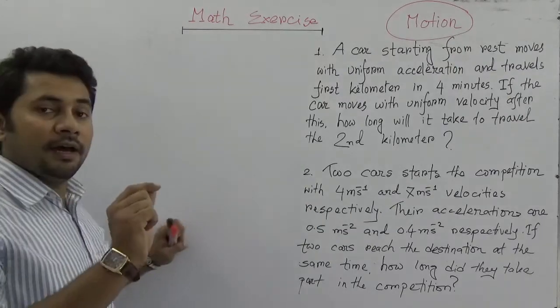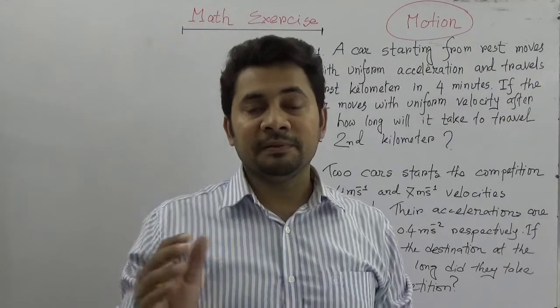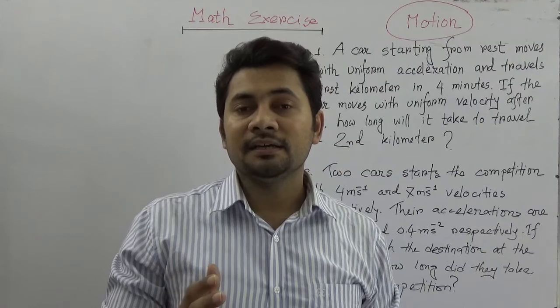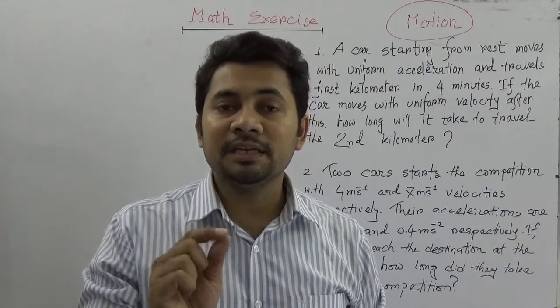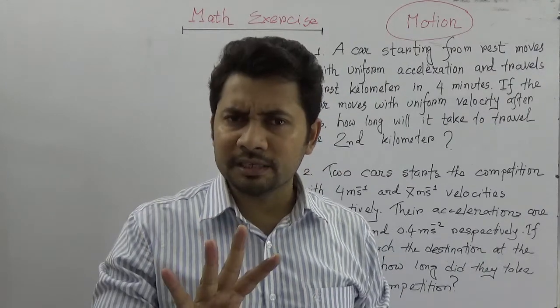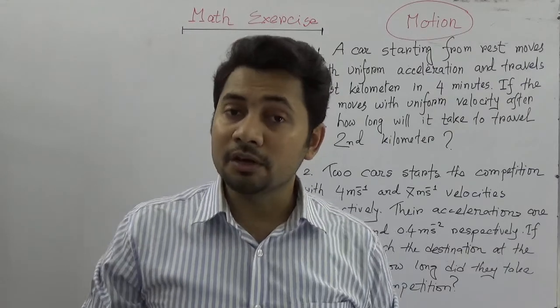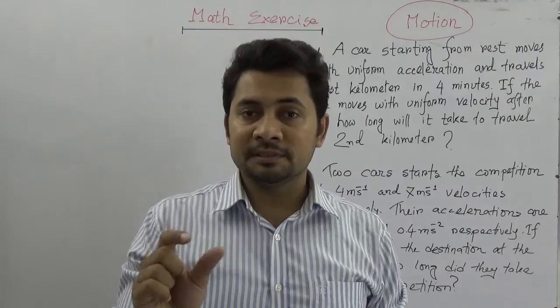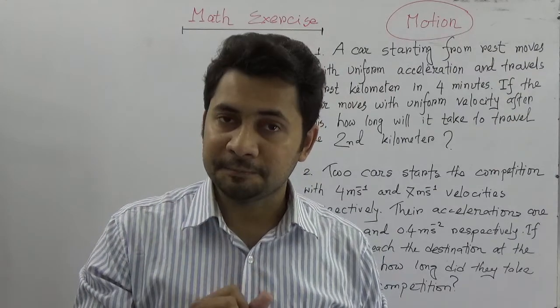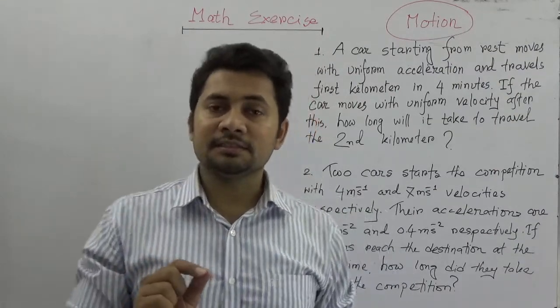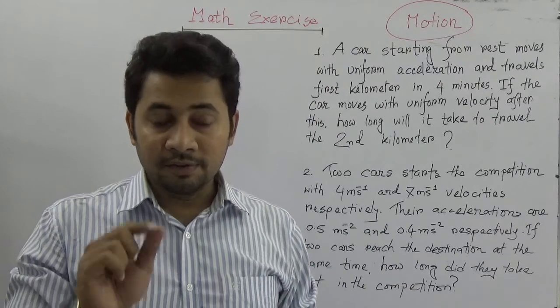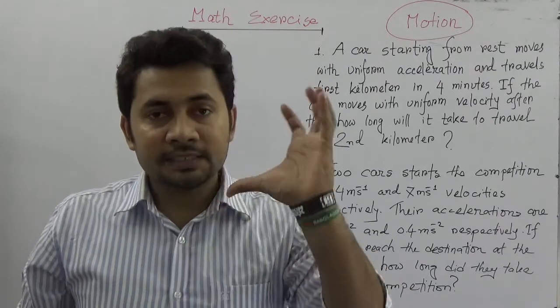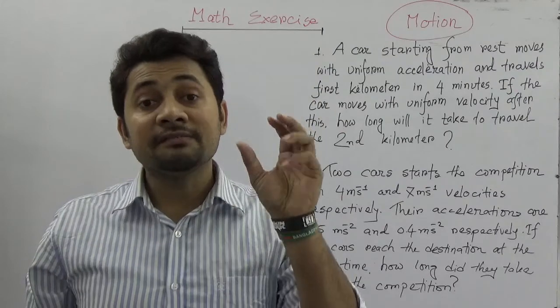As in my previous class, I already explained that there are four equations of motion, and we need to know when we will use which principle based on the given data. Most importantly, it is very important to visualize the scenario.